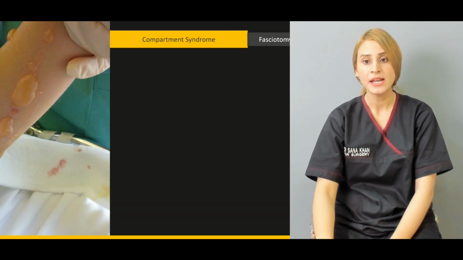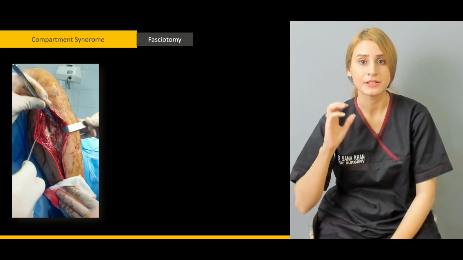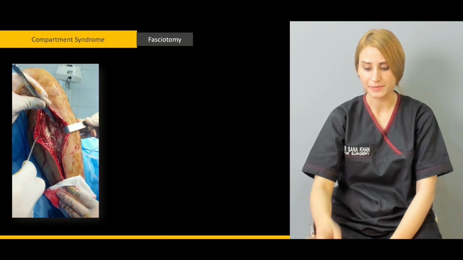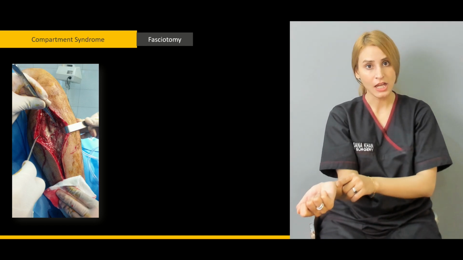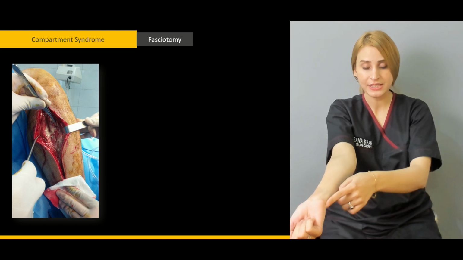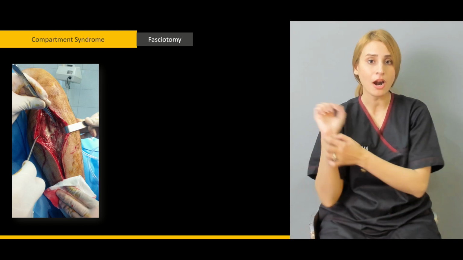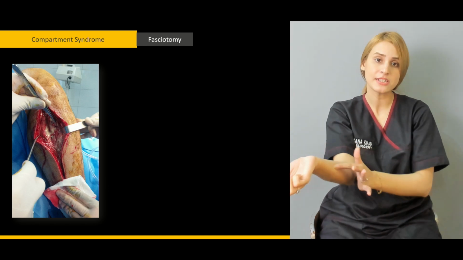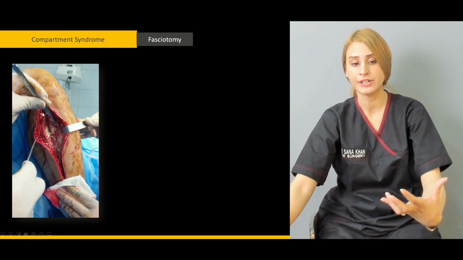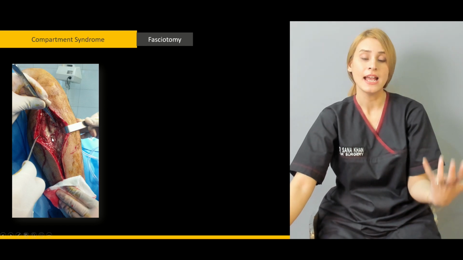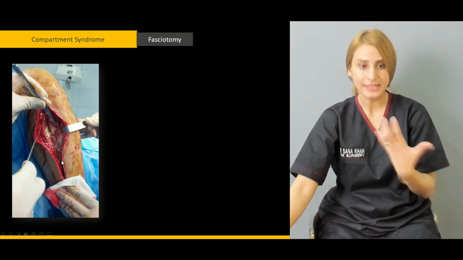So what you do in compartment syndrome is an immediate fasciotomy, in which you go through the medial compartment. You start giving the incision from the palmar crease and extend medially. That's how it is, as you can see here in the diagram. This is the picture showing the fasciotomy in the leg, right?